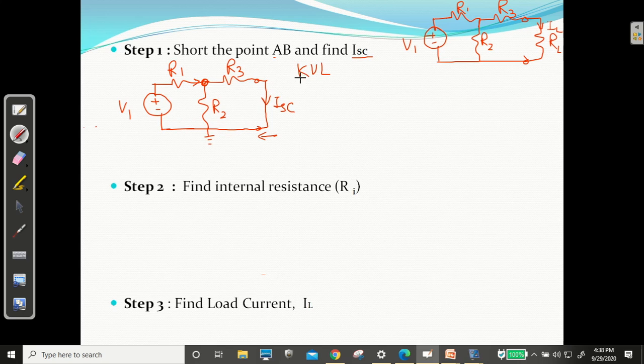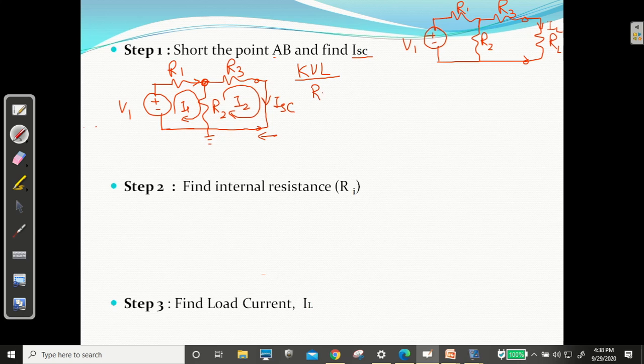You can go for KVL. KVL में कितने लूप हैं? लूप 1, take I1. Loop 2, take I2. I told you already, when you are going for KVL, take the two loop currents. It is better to take all currents in the same direction. Clear? So if you make the equation, I1 कहाँ flow हो रहा है?